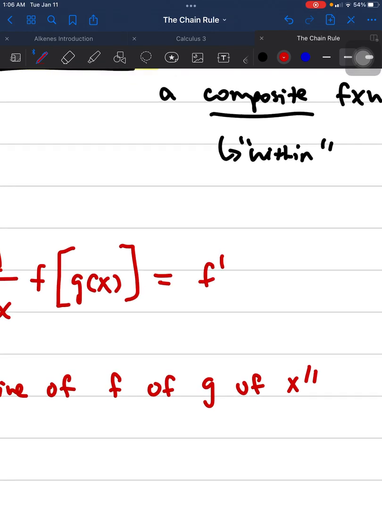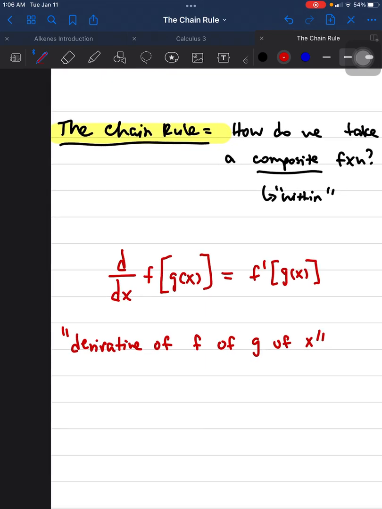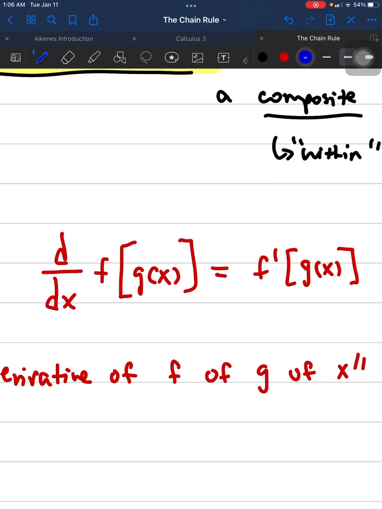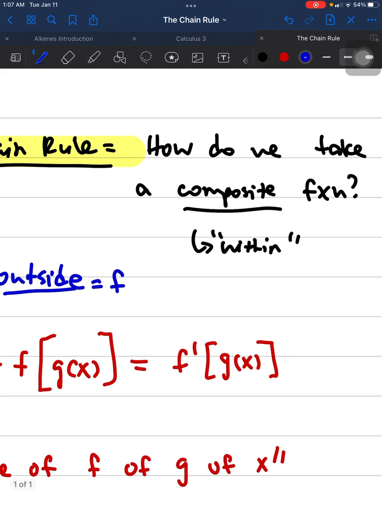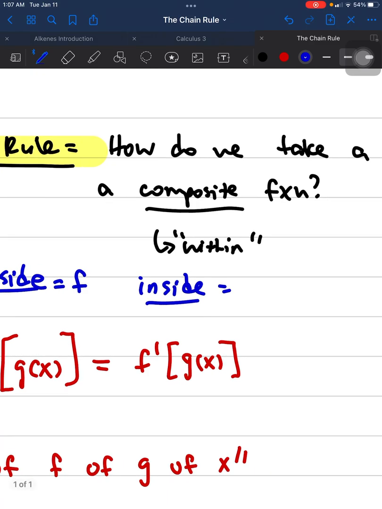It's basically the derivative of the outside. So that means that the outside function here is f. The outside is f. Times the derivative of the inside function.